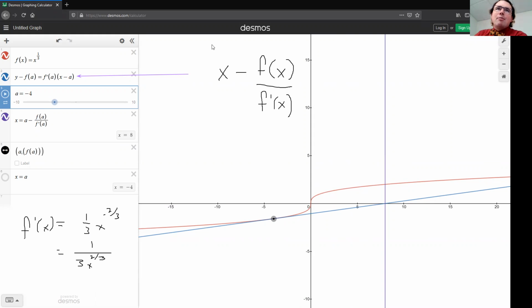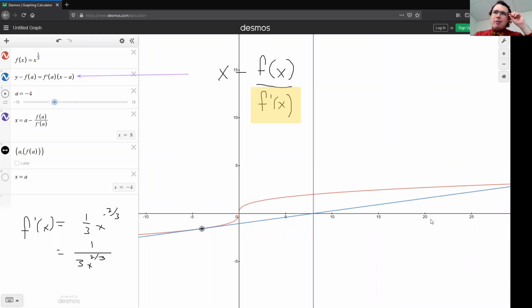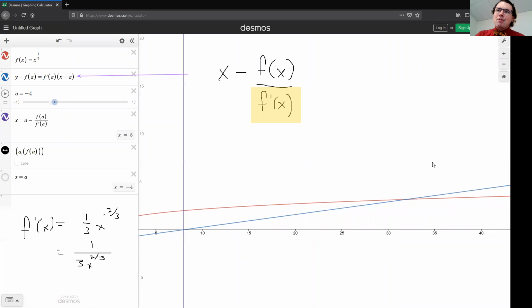And that's a problem for this formula. So if this derivative is 0, the iteration is just undefined. I can't divide by 0. But if the derivative is close to 0, then my correction factor here is actually too big. I'm dividing by a number that's very small.